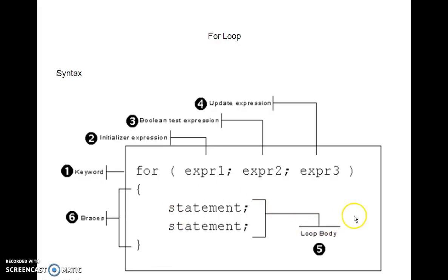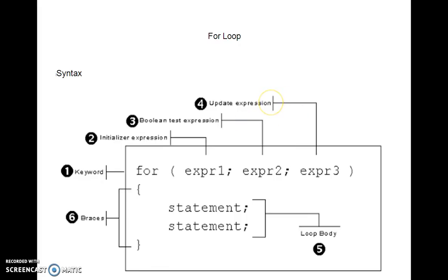And how this works is, initially expression 1 will be executed. Before going to the working of this for loop, I will tell you about a term called looping variable. A looping variable is nothing but a variable that controls the execution of any loop. So the initializer expression means you will be initializing the looping variable, and then in expression 2 you will check whether the looping variable has reached its limit, and if the condition is true, then the statements will be executed.